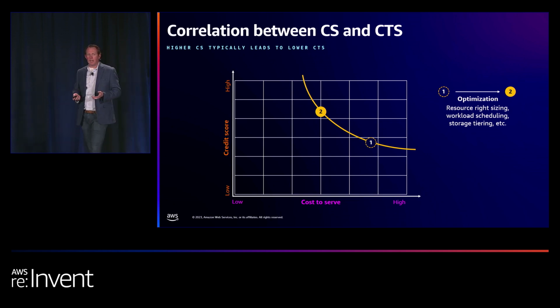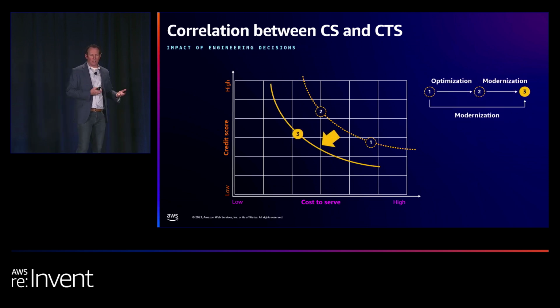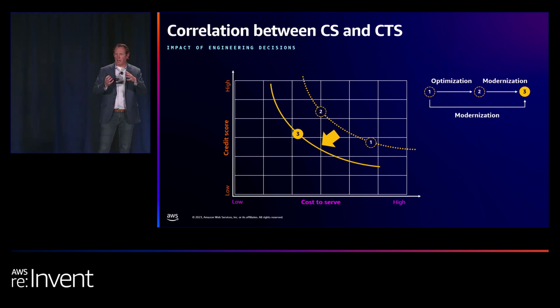But one of the questions I get from customers a lot, especially when they've already been in the cloud, is how do I build a business case for modernization? I can make the justification of getting to the cloud, but how do I justify a modernization? And this could be an interesting construct as you think of modernization. You can bring the entire water level down in terms of that ecosystem, totally reducing cost to serve and slightly impacting that credit score.